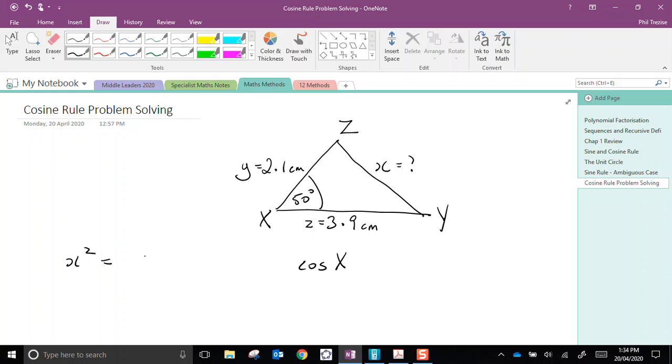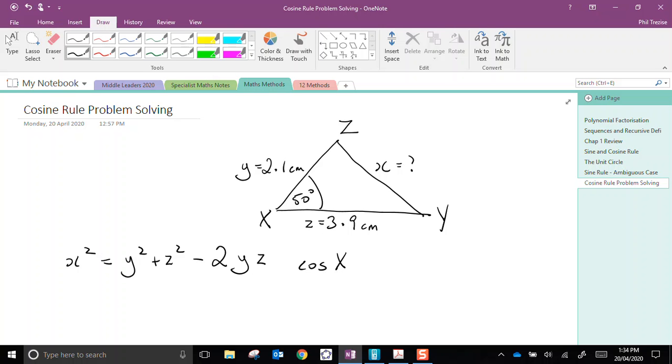So x squared equals y squared plus z squared minus 2 times y times z times the cosine of x. The side x at the front corresponds with the same name, the angle x, in the cosine function.